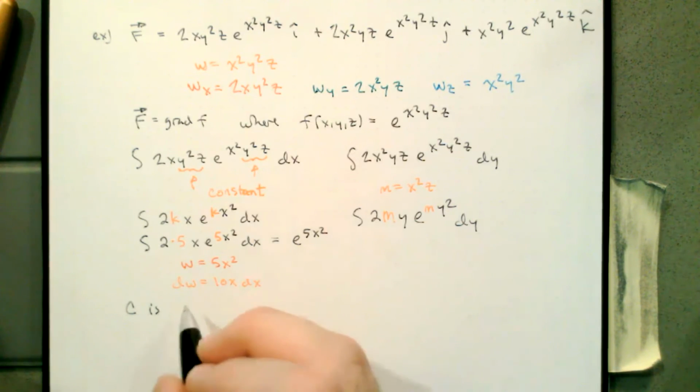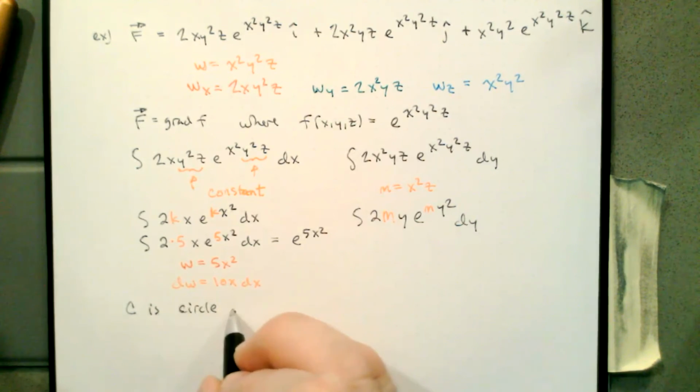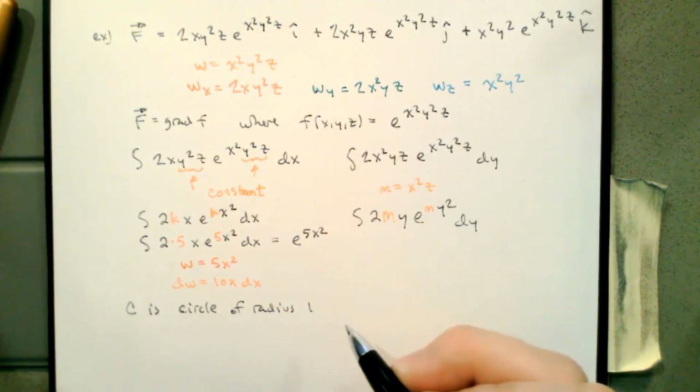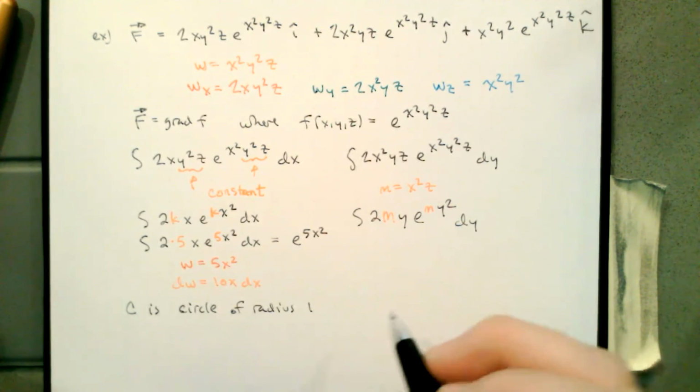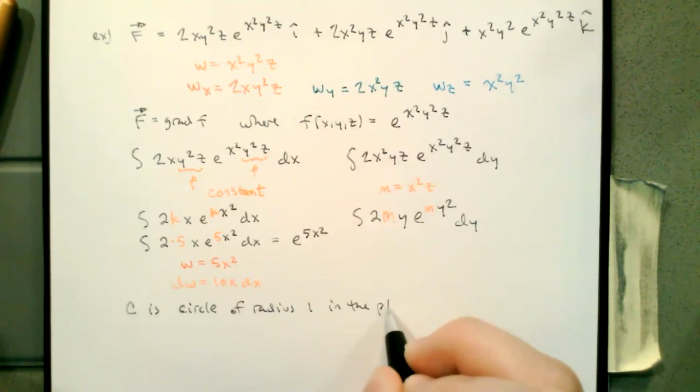So C is a circle of radius 1 in the plane z equals 1, centered on the z-axis.